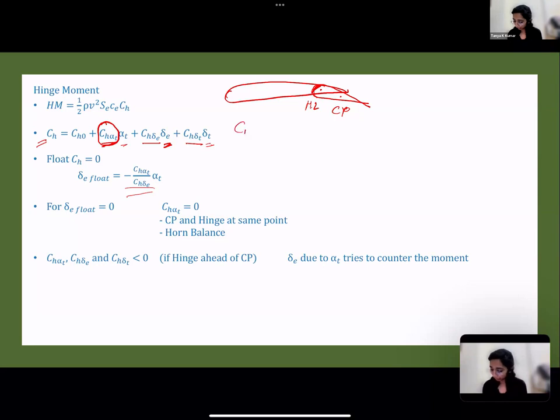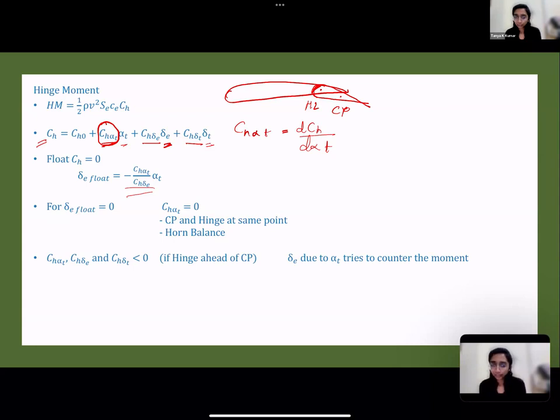So CH alpha tail is dCH by d alpha tail. Okay. So for a positive increase in angle of attack, you try to tell me why it's negative. It is negative, you're right. Because it's about the hinge moment. Yes, CH is the hinge moment coefficient.